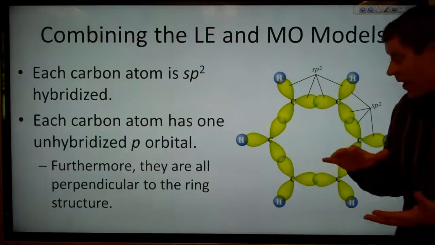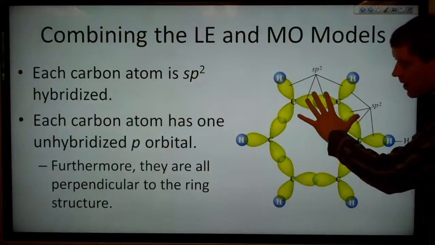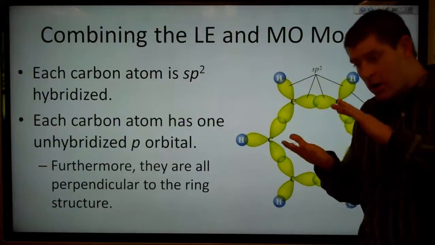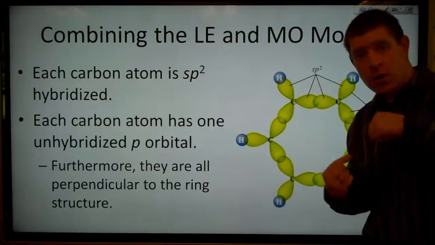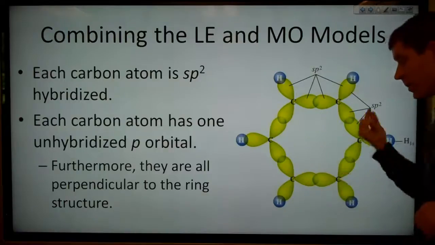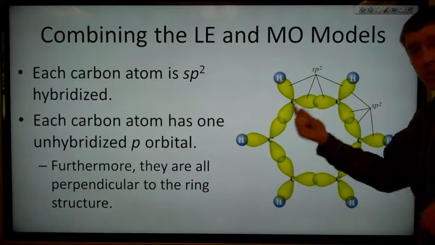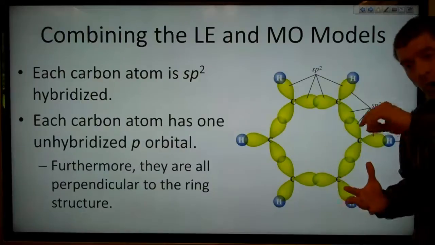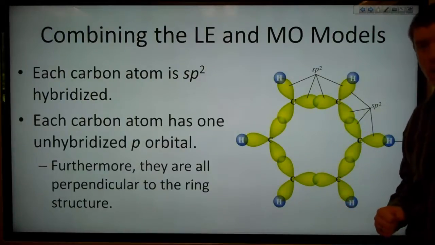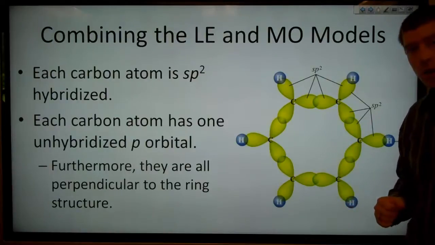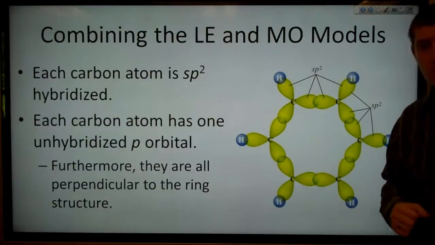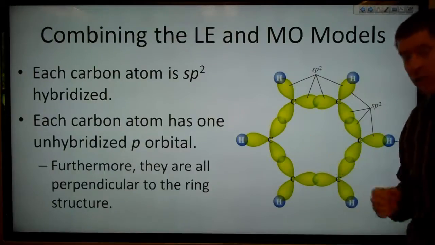On top of and below the ring, we have 2 circles that match the circumference of this ring: one donut shape above the nuclei and one donut shape below the nuclei. That's where all of those pi bonds are. So there are 3 bonds, but delocalized amongst all 6 of these carbon atoms.